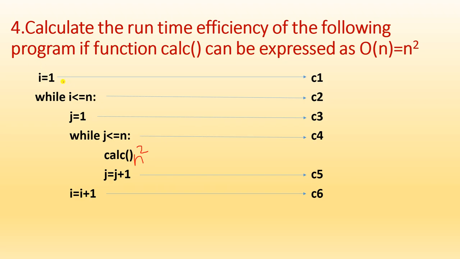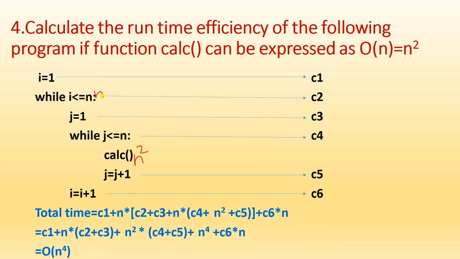First, this I is equal to 1. This is constant time C1. Now this while loop will run n times. So when you calculate the total time, this C1 plus this n will multiply by C2, C3 and C4. This n is for this while loop, the outer while loop.